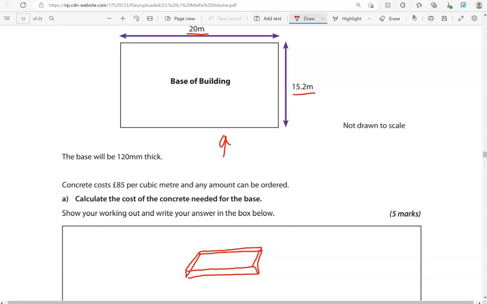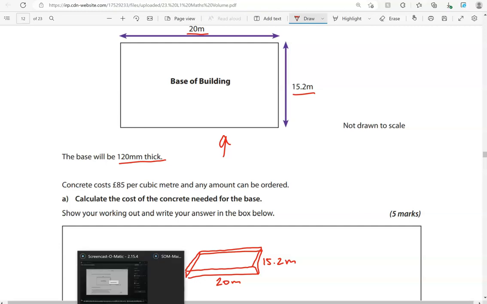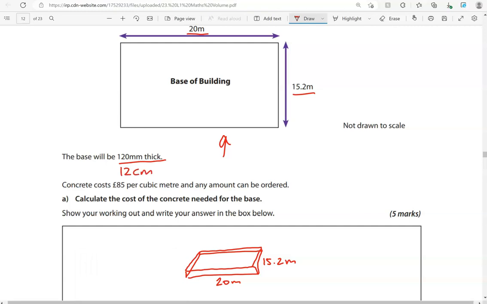That would have length 20 meters, width 15.2 meters, and we've got the depth or the height or the thickness being 120 millimeters. Now that's a different unit, so we need to convert it before we do any calculations. So 120 millimeters will be 12 centimeters, because there are 10 millimeters in a centimeter.